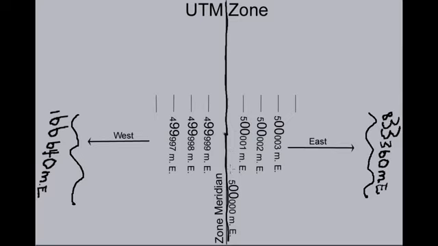The zone meridian, as you also may recall, is assigned an arbitrary value of 500,000 meters east. It's just a nice round number somebody decided to give it. I'm not sure why they chose 500,000 meters, other than it's a nice round number. Now, as you go east, for every meter you go east of the zone meridian, the easting increases by 1.